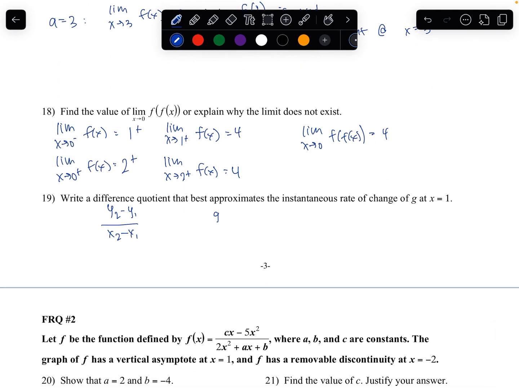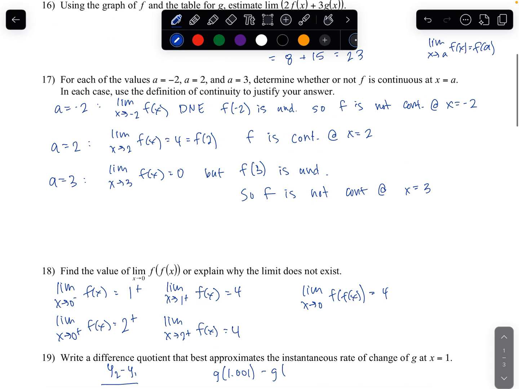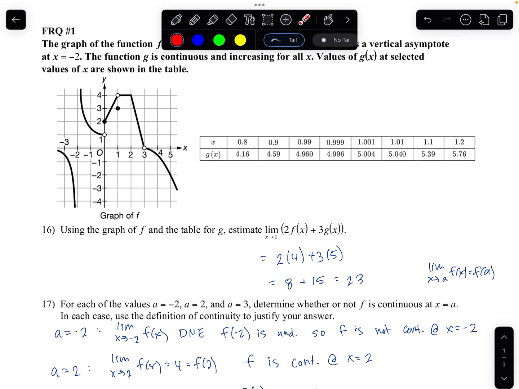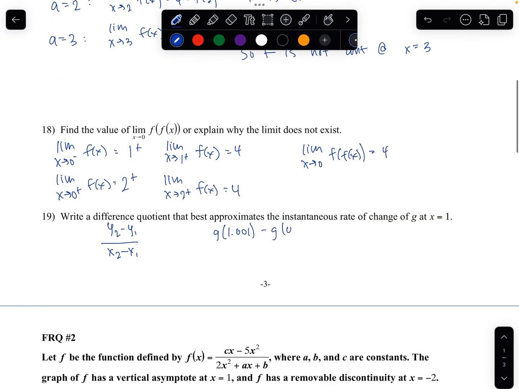So we can say g of 1.001 minus g of, so again, we're looking for 1 to be in the interval, which it is, in between here, and we're using the tightest interval here. So I'm going to use 0.999 all over 1.001 minus 0.999.